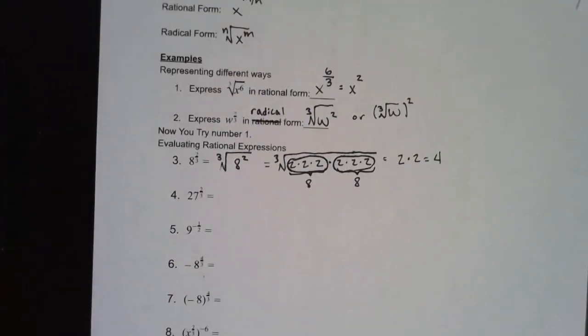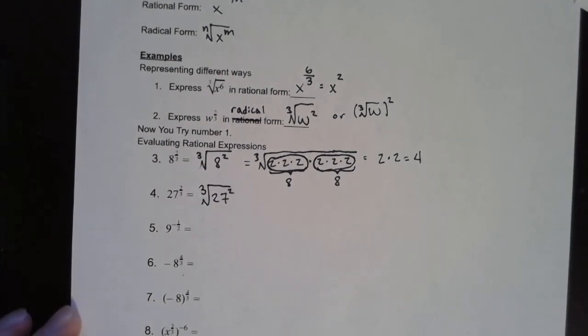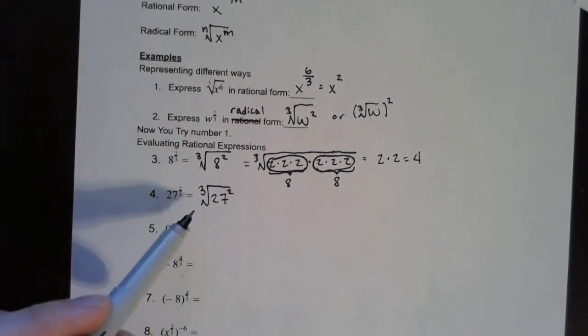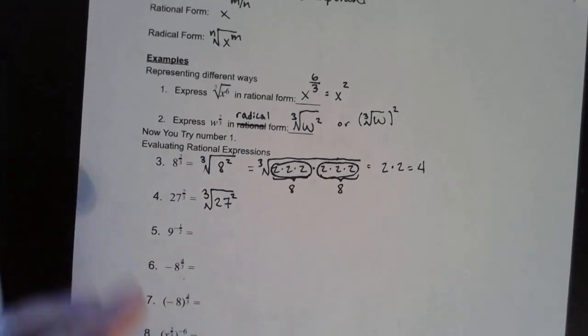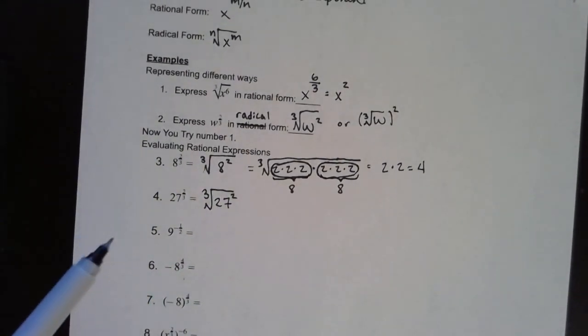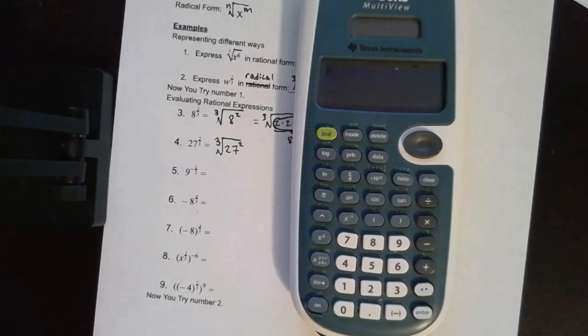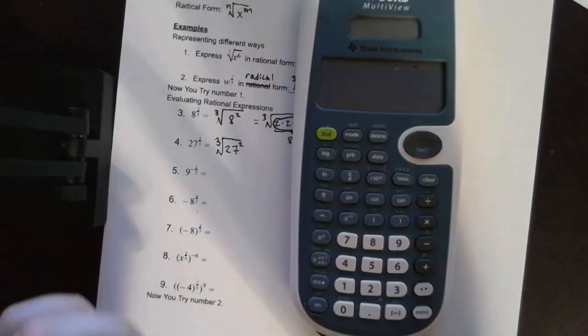So let's go ahead and look at example number 4. I'm going to go ahead and write this in radical form. So this time I'm going to take the third root of 27 first and then square it after. So the third root of 27, and if you have a calculator like this, I can show you how to do that in the calculator.